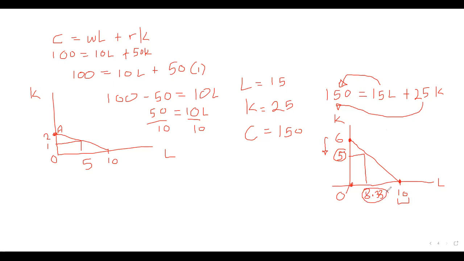So 8.33, how did he get it? You simply put a 5 there. A 5 by 25. What did you get? 125.